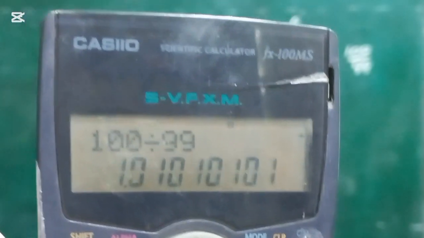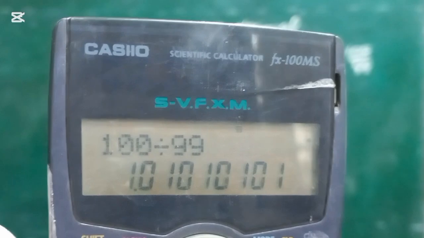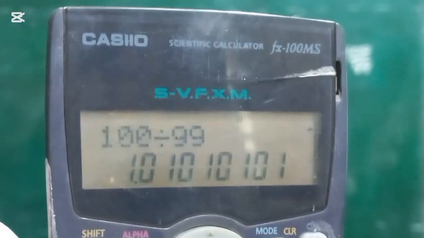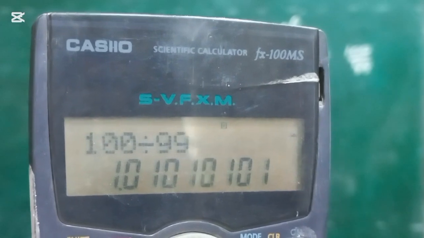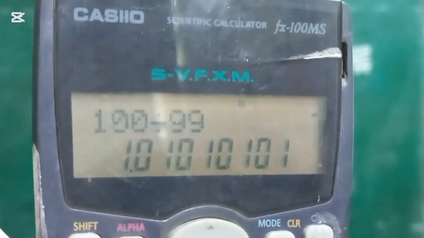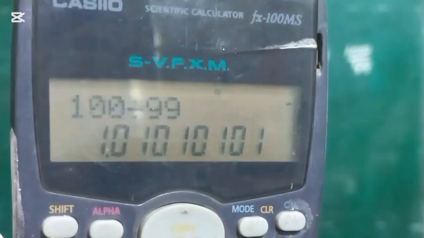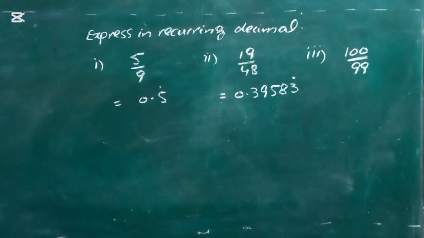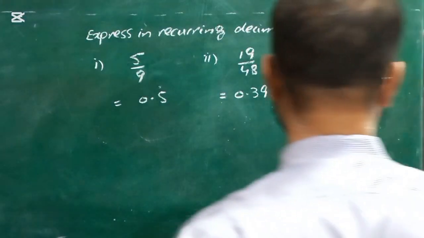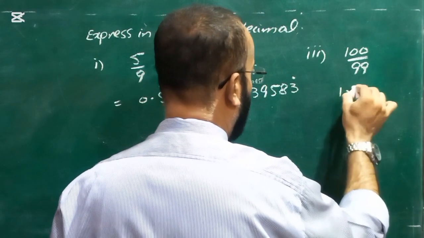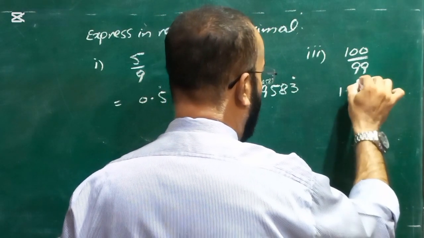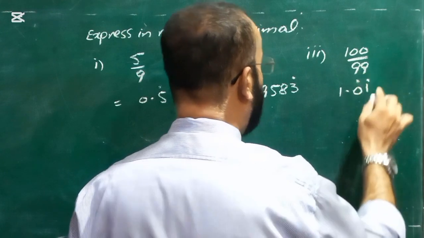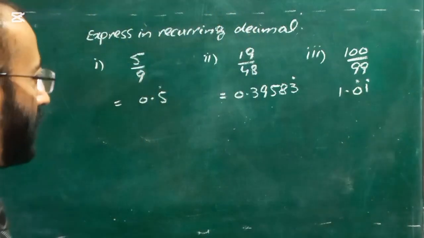So look, 1 point will remain as it is, and after the decimal 010101 is repeating, so we will put a dot above 0 and 1 because 2 digits are repeating. So whatever is repeating will get a dot above it. So the answer will be 1.01, with dots above. So these are recurring decimals.